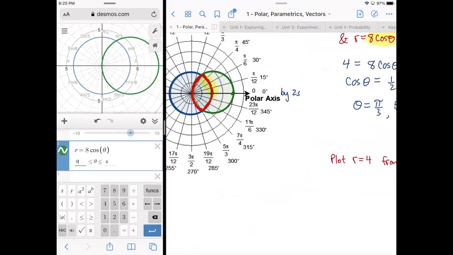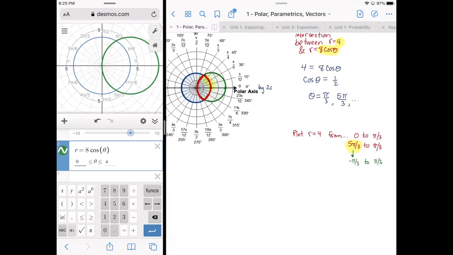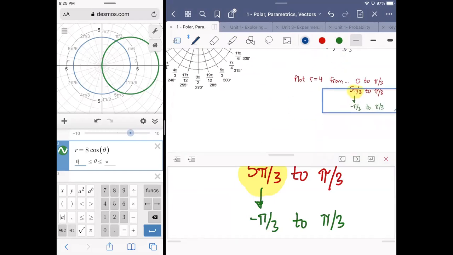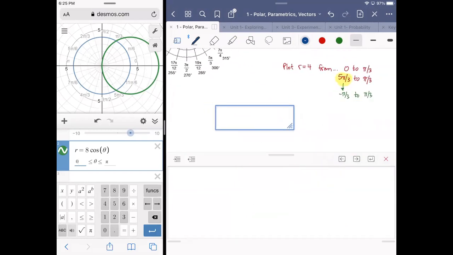And since I have 4 symmetrical components, I would just need to quadruple that. Double it to give me the part on the r equals 4, but then double it again in order to give me the part that's on the r equals 8 cosine beta. So a lot of different possibilities, and there's even more, but those are the 2 most popular ones, I would imagine. So what I'll do is I'll just do the 0 to pi over 3, right?